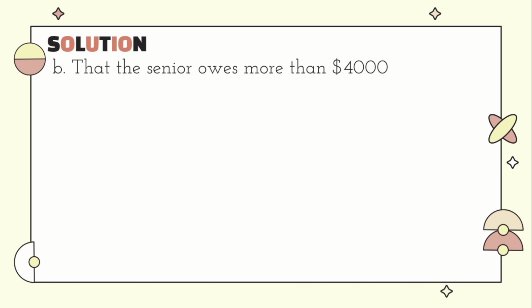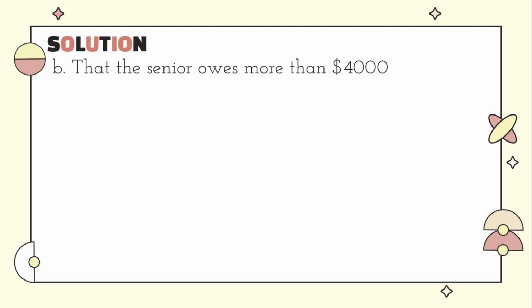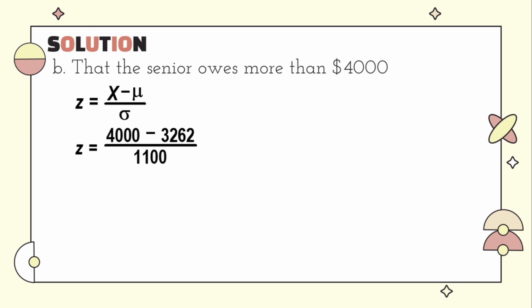Let's proceed to the second problem, which is to find the probability that the senior owes more than $4,000. So, let's draw the figure and illustrate the area. Here, we are looking for $4,000 above. So, our figure will look like this. Next is to find the z value using the same formula. So we have z is equal to 4,000 minus 3,262 divided by 1,100, and that is 0.67.